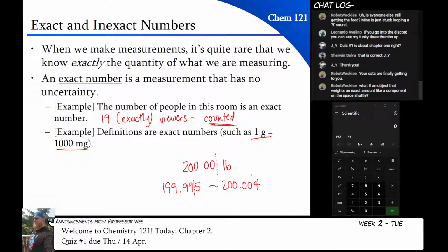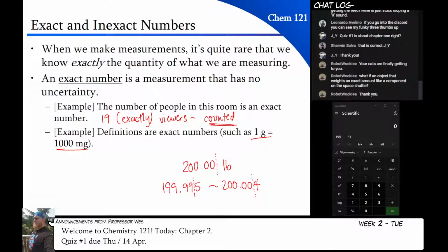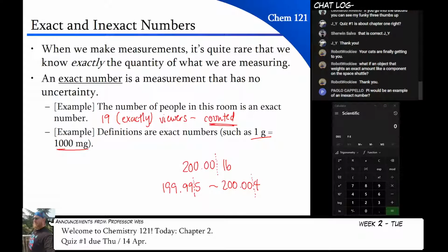So if I'm rounding to that decimal, both of those numbers round to 200, and therefore everything between them would too. So even when they say, I need an exact mass on this, it's not truly exact, because as you get further and further past what you were able to measure using whatever device, you can't determine those numbers.